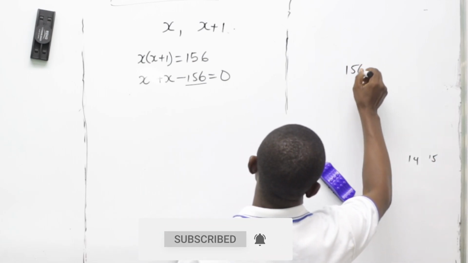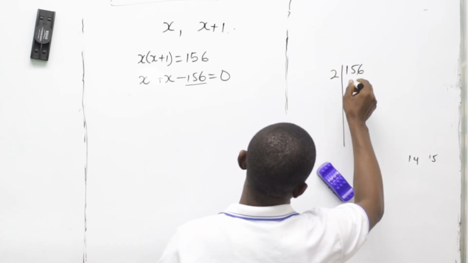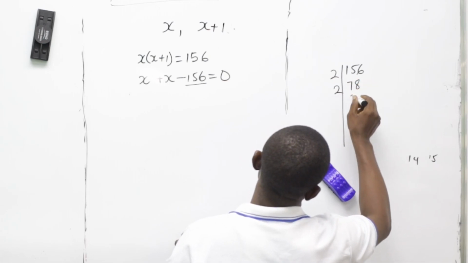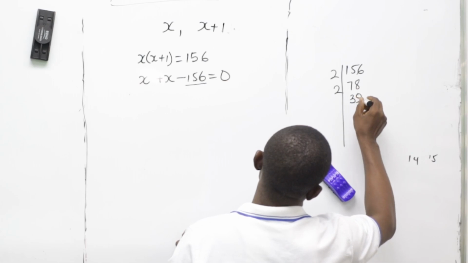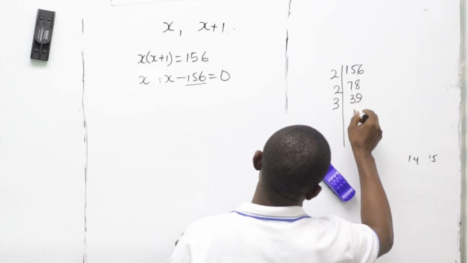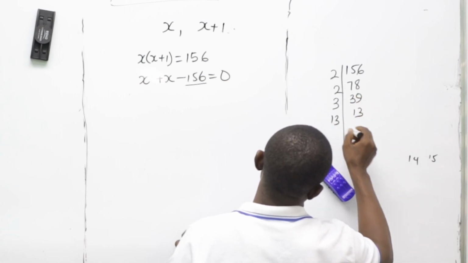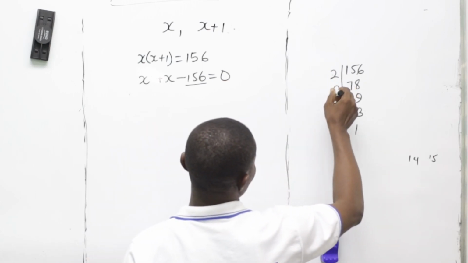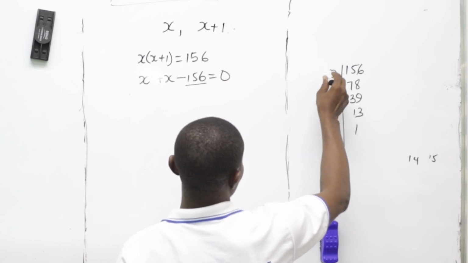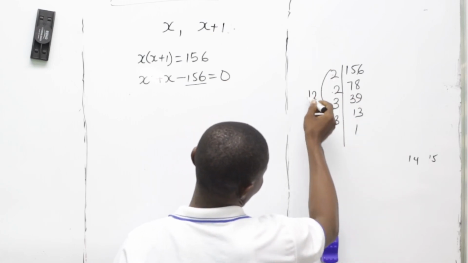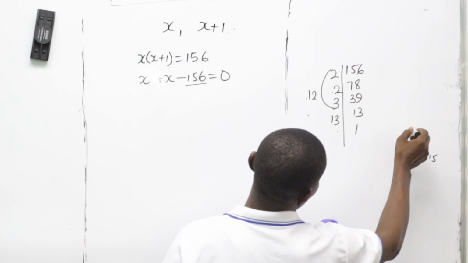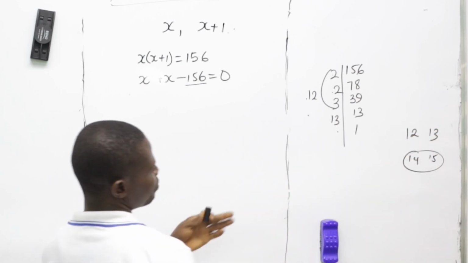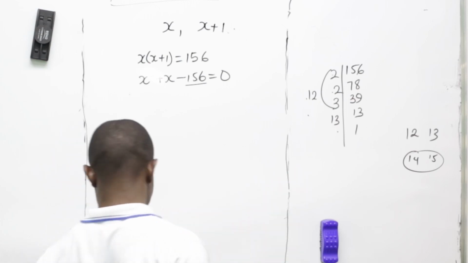So 156, 2 here, this is 78, 2 here, this is 39, 3 here, this is 13, 13 here, 1. Okay, 2 times 2 is 4, 4 times 3 is 12. 12 and 13 is the best number, not 14 and 15.